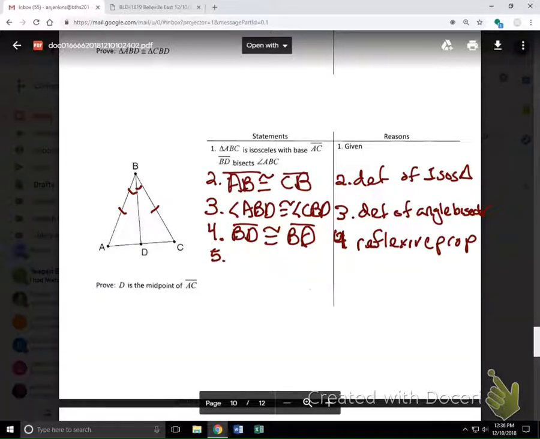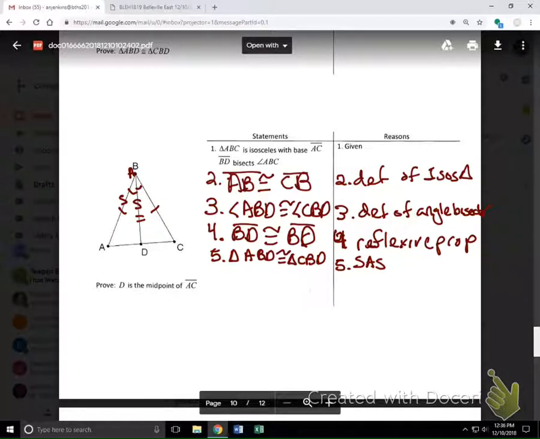For number 5, we now get to say those two triangles are congruent. So triangle ABD is congruent to triangle CBD. And we know this by side, angle, side, because we had a side here, an angle here, a side here.